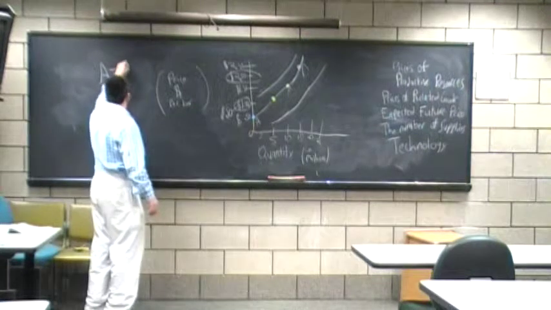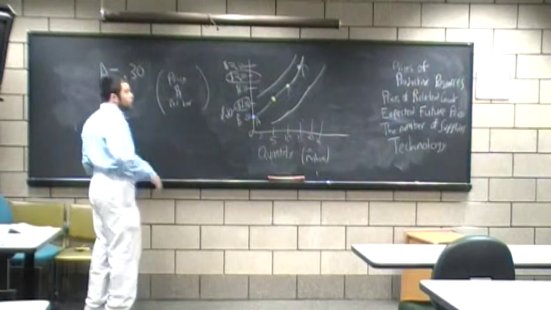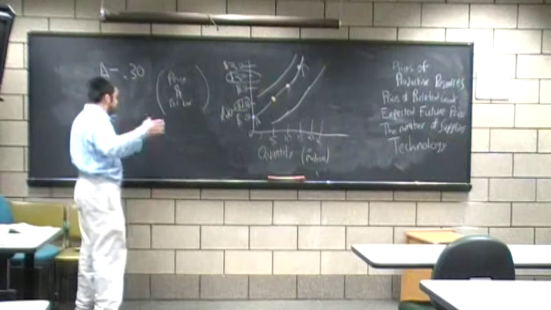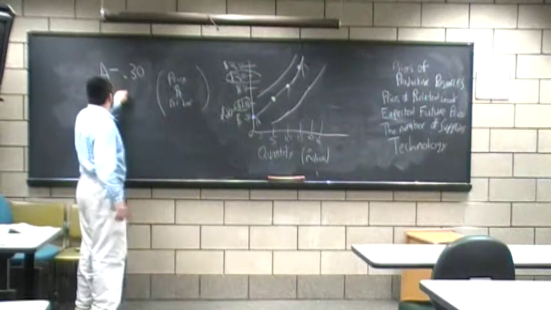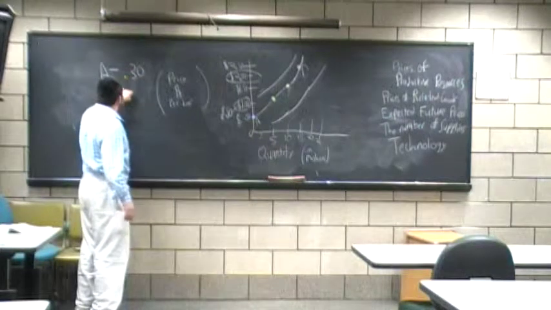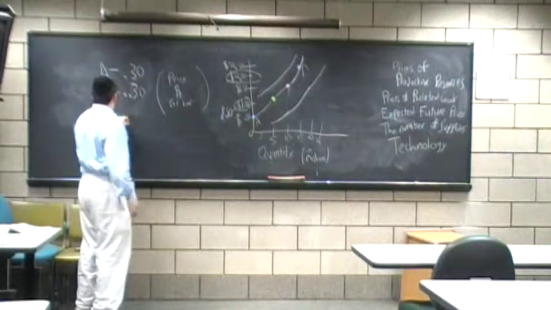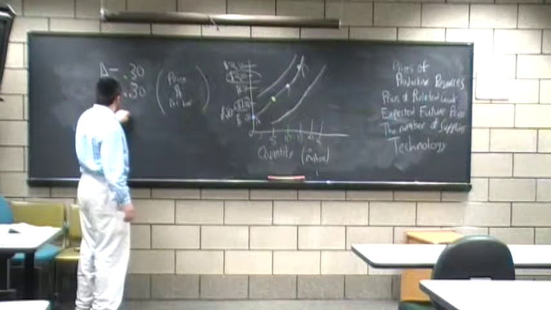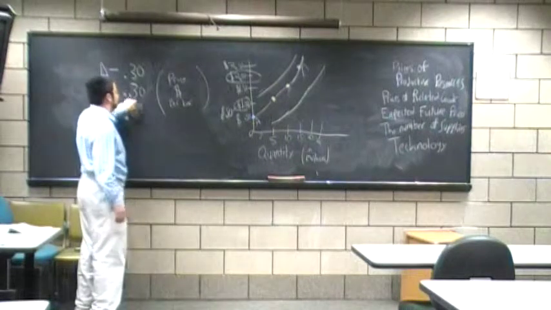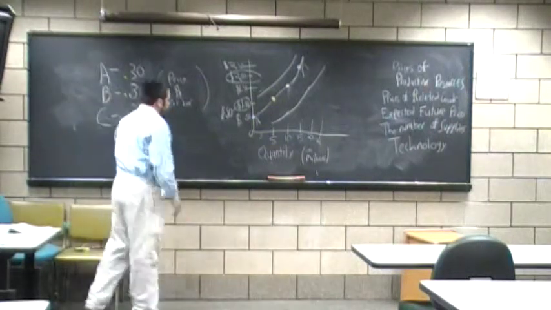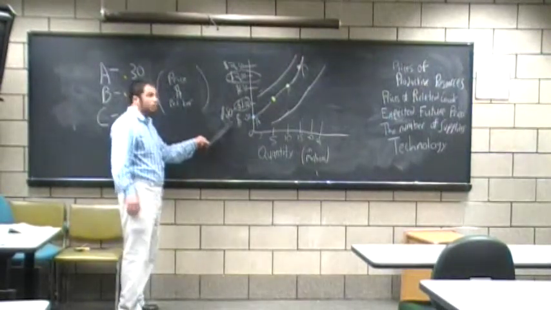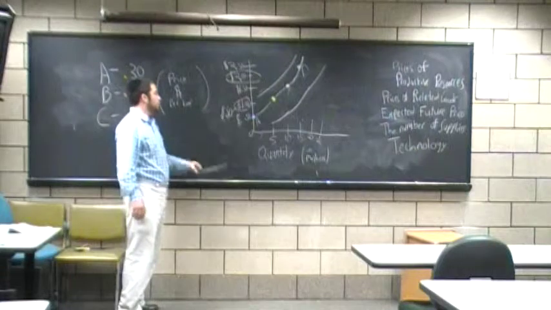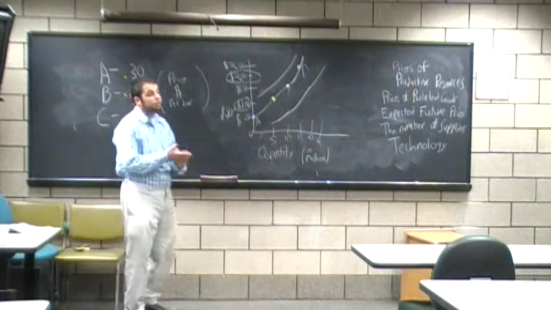Product A will cost Snickers 30 cents to acquire. Product B, also 30 cents. And product C is 20 cents. That's 80 cents. So for Snickers it costs 80 cents and the price is $1, so the 20 cents is their margin.